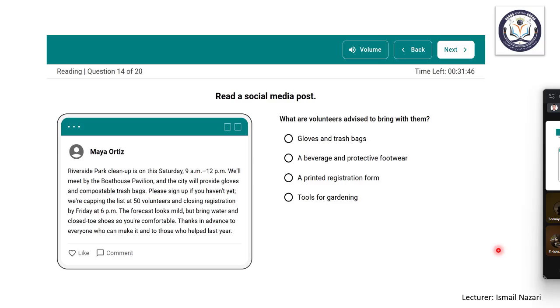So we have the same social media post. Now, just take a look at the question type. It usually uses the WH words to ask the question. As we have already worked on, it asks what volunteers are advised to bring with them.